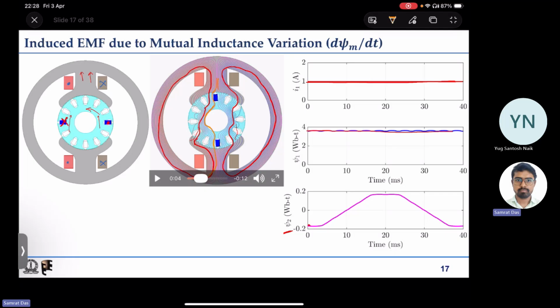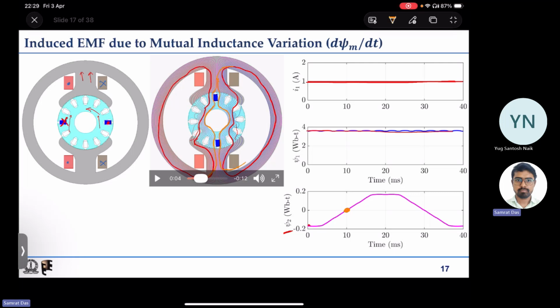And all the right hand side flux lines are going and flowing like this, and they too are not linking the coil. So in this case we have absolutely zero flux linkage, as indicated by this point.